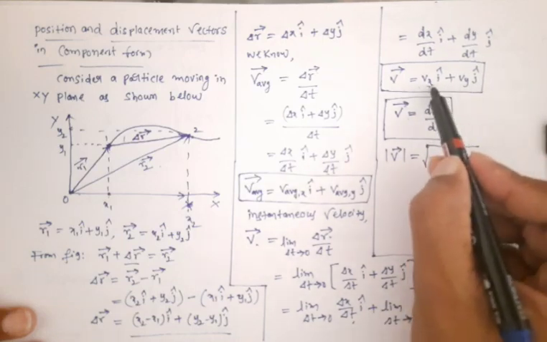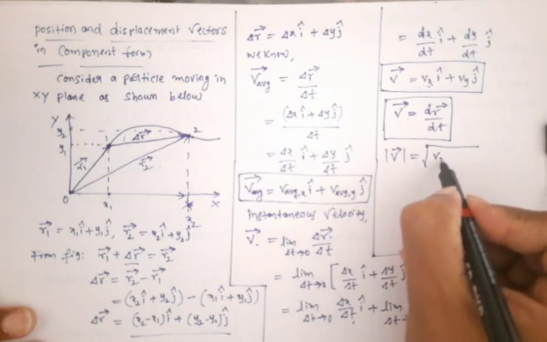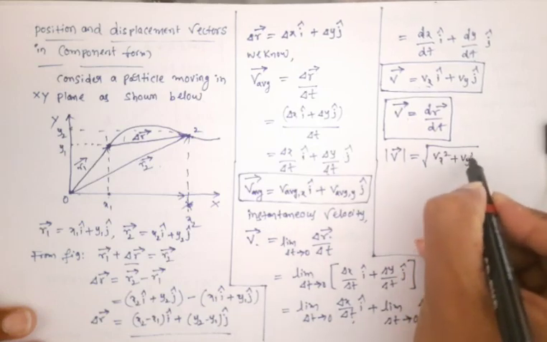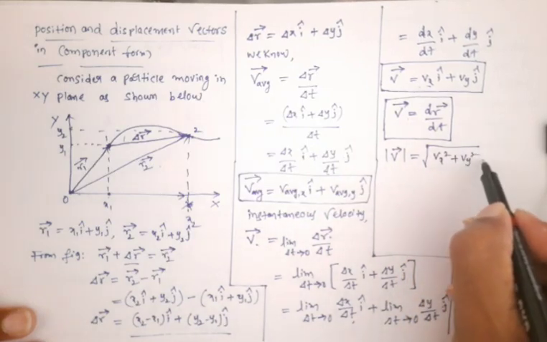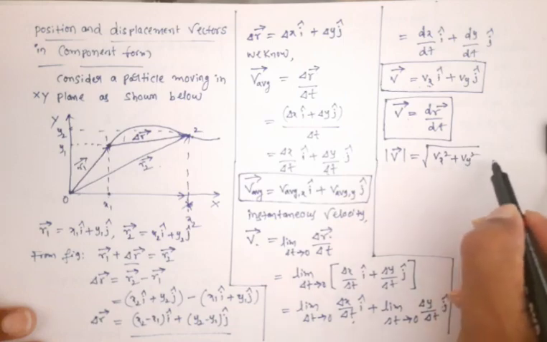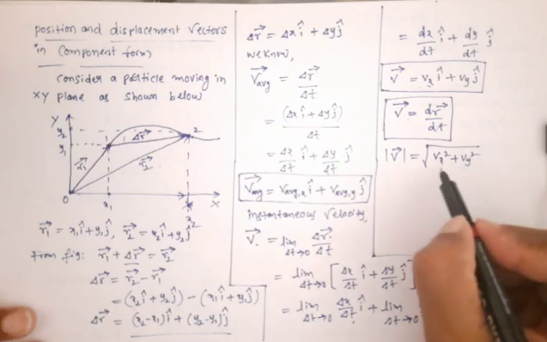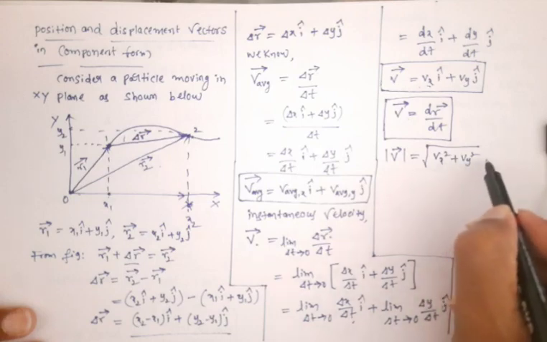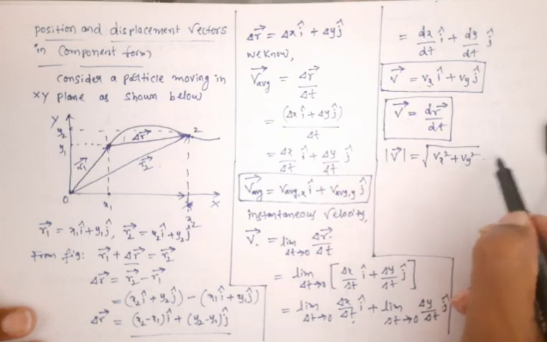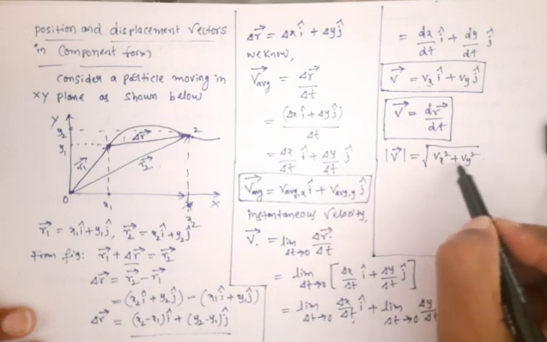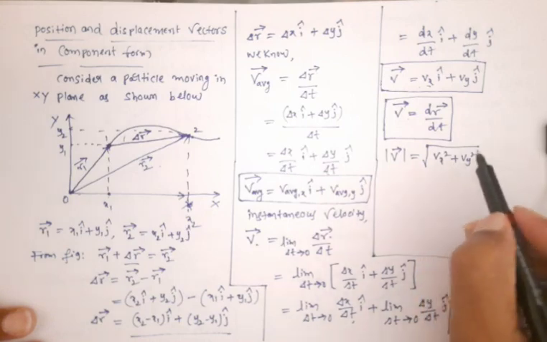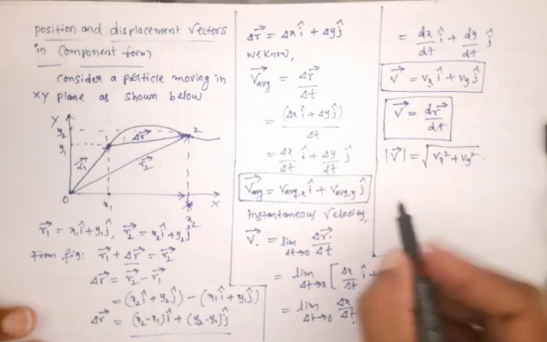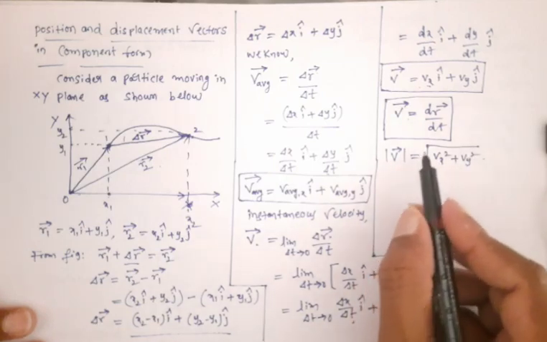So whenever we have x and y components, directly you can take vx square plus vy square, of course, plus 2 into vx into vy into cos 90, because x and y components are always perpendicular to each other, and the angle between these two vectors is always equal to 90, so that term vanishes. So when components are given, no need to write the remaining terms. Directly you can take x component whole square plus y component whole square. Using this equation we can find magnitude, and we can also find the direction of the instantaneous velocity vector.